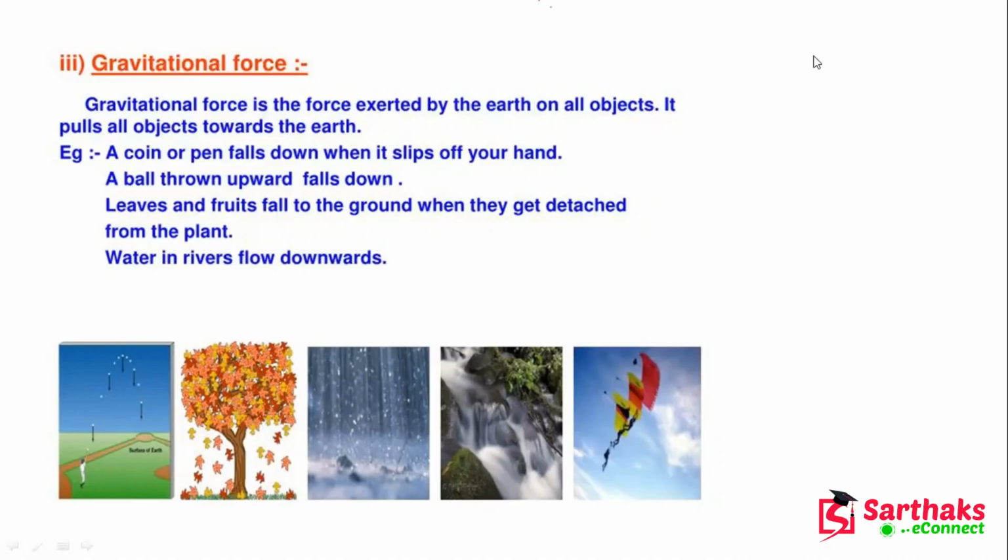A coin or pen falls down when it slips off your hand. A ball thrown upward falls down. Leaves and fruits fall to the ground when they get detached from the plant, and water in the rivers also flows downward. So gravitational force is the main force that attracts all the objects you have on the surface of the earth.